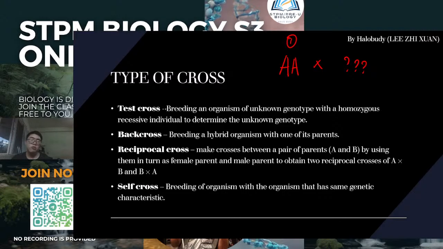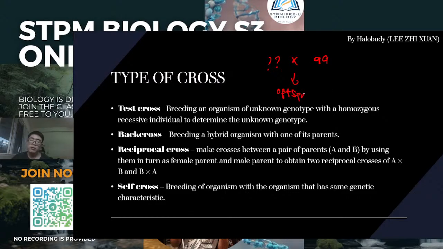Test cross is the breeding of an organism of unknown genotype with a homozygous recessive individual to determine the unknown genotype. So when we have an unknown genotype, I don't know this genotype, but we cross it with the homozygous recessive. Then we get the offspring result.